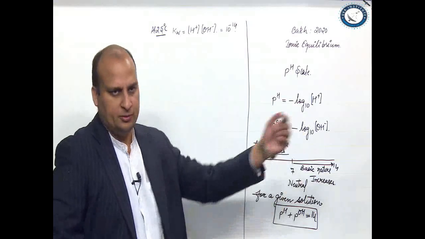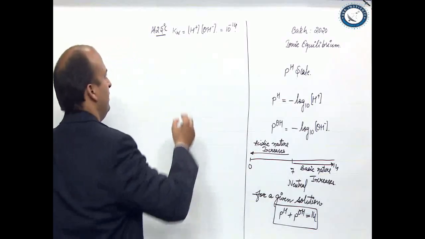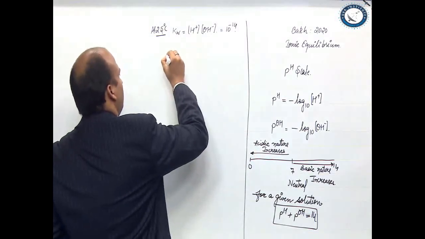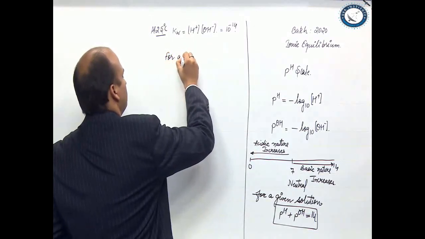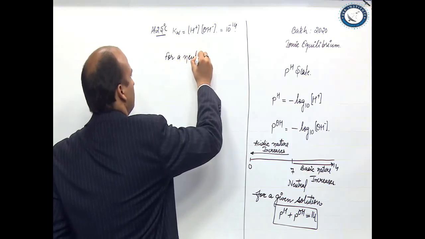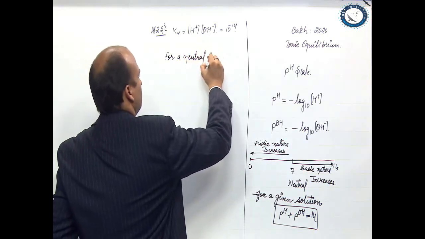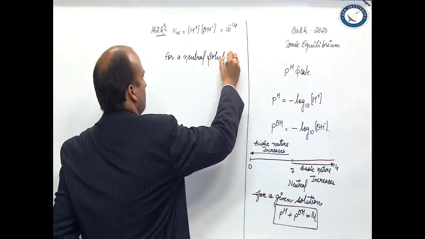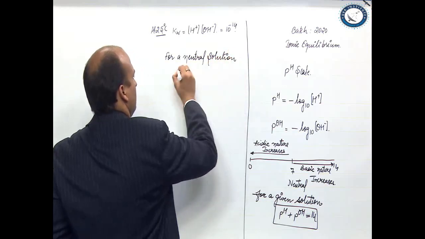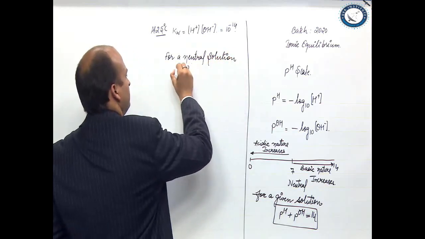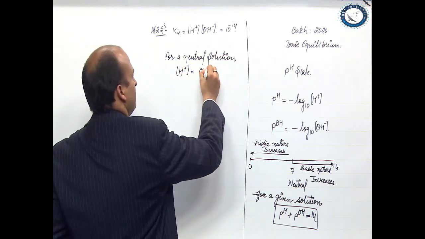Now, see, for a neutral solution, the H plus concentration should be equal to the OH minus ion concentration.